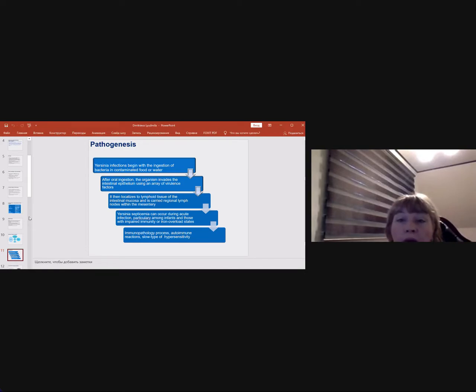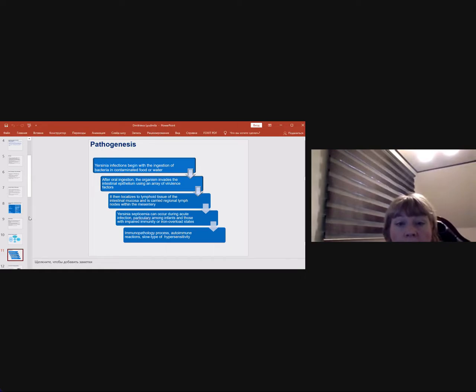The patient may be hospitalized into an infectious hospital, and he receives rehydration treatment, enterosorbents, maybe without antibiotics, and after clinical recovery, this patient may be discharged from the hospital. But some patients may have the next stage of pathogenesis.